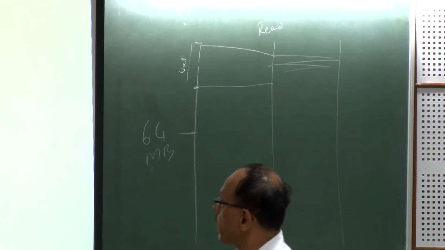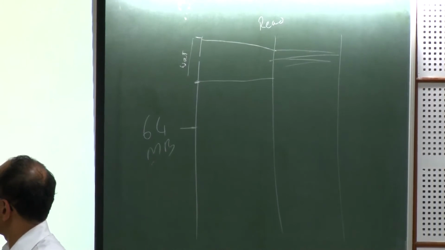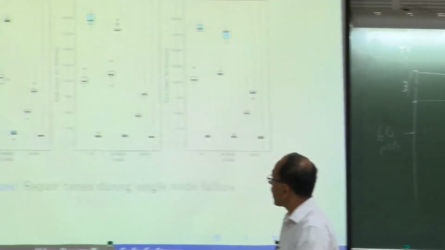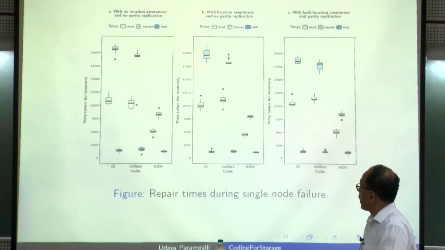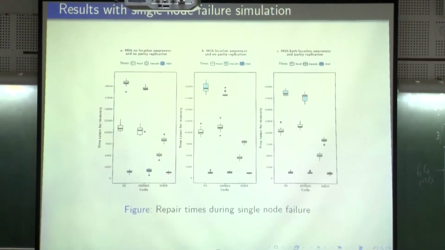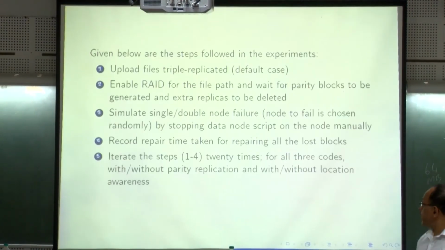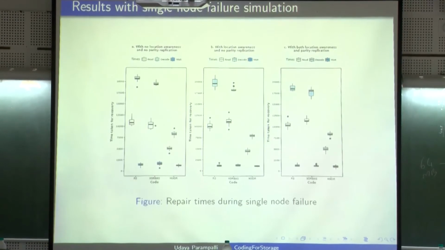What you notice here is, for example, the wait time. This is in milliseconds, and each file tested is a 640 MB file. A node is failed, and then we look at it, and it is done in the experiment I mentioned about 20 times, and you take the average.